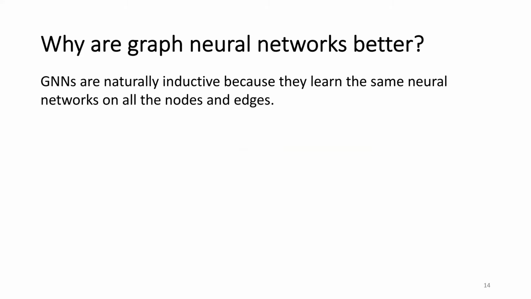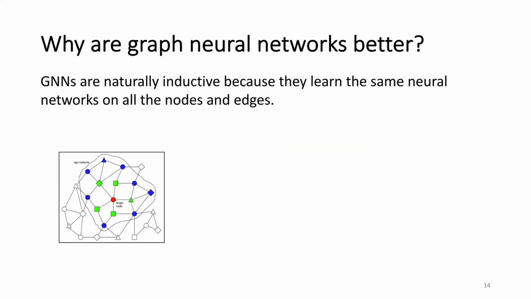And the final reason why graph neural networks are better is that graph neural networks are inductive models, because they learn the same neural network on all the nodes and edges in the graph. So remember from the picture that I have shown to you earlier.